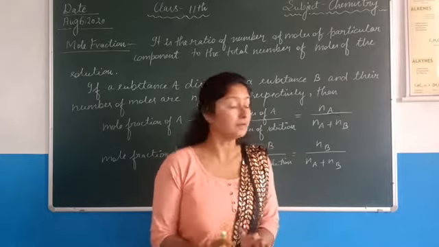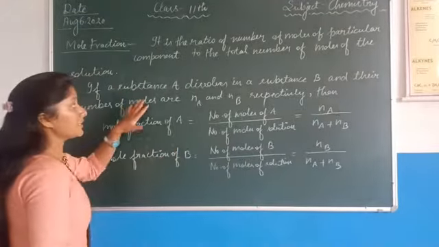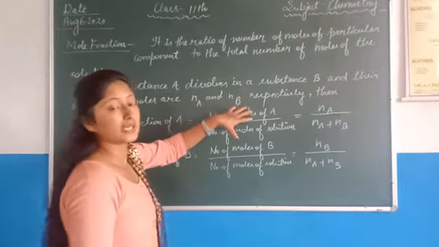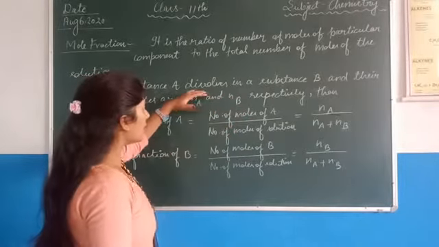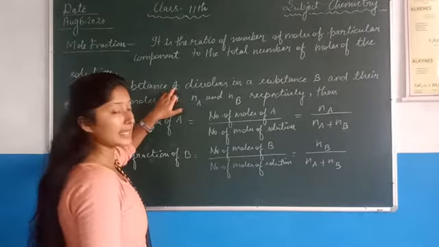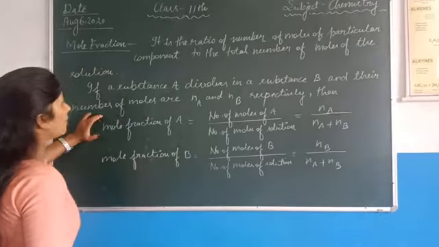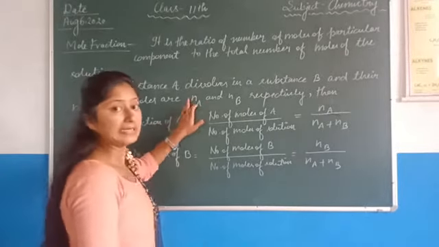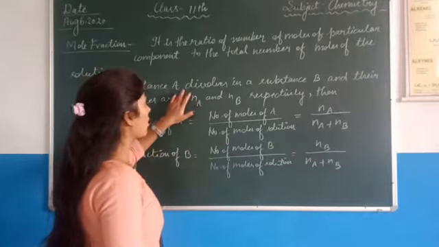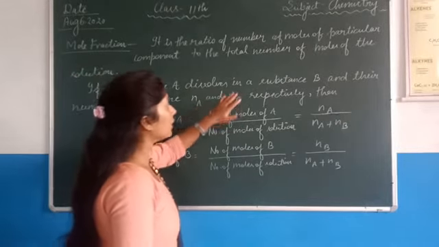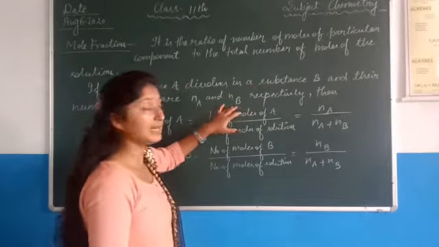Okay, so simply if a substance A is dissolved in a substance B, we prepare a solution in which we dissolve substance A in substance B and their respective number of moles are Na and Nb. Number of moles of A is Na and the number of moles of substance B is Nb.